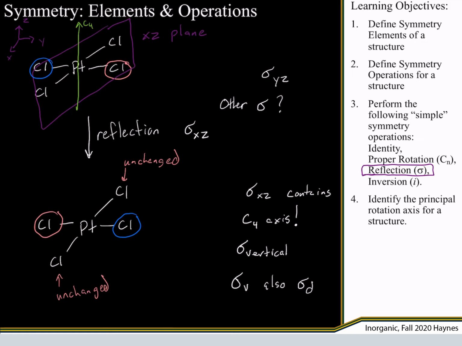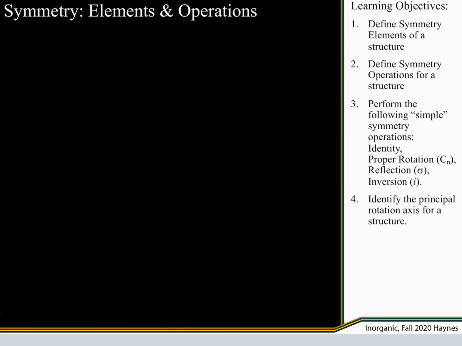So let's look at one more reflection here. Again, we're going to redraw our platinum complex suggestively along our set of axes. What we're going to identify is that there is a plane that contains all of our atoms, and this is our XY plane.